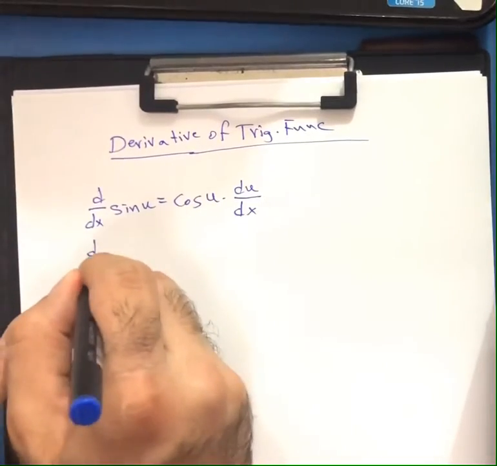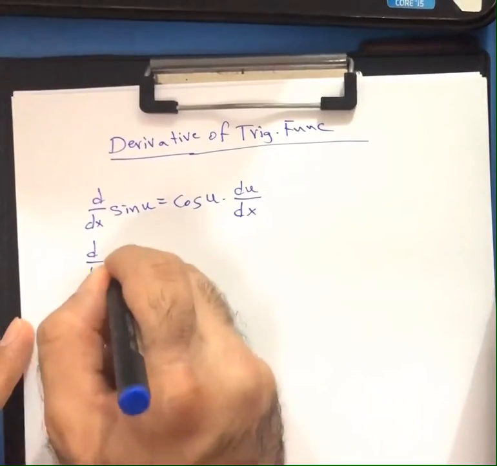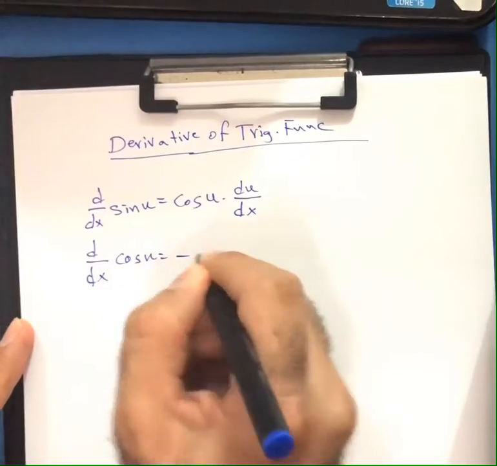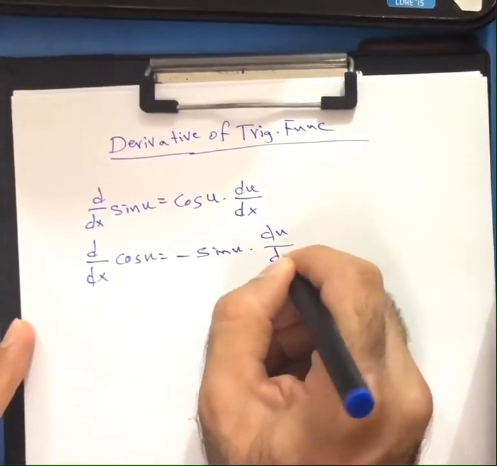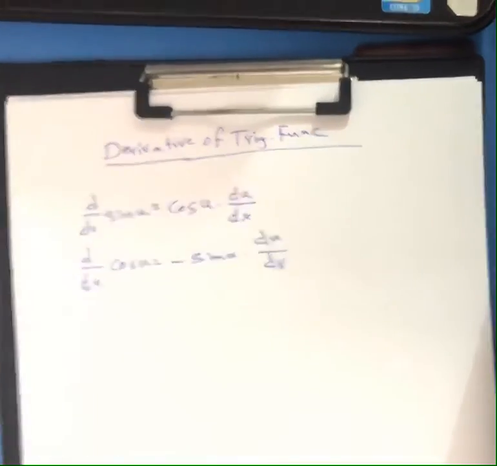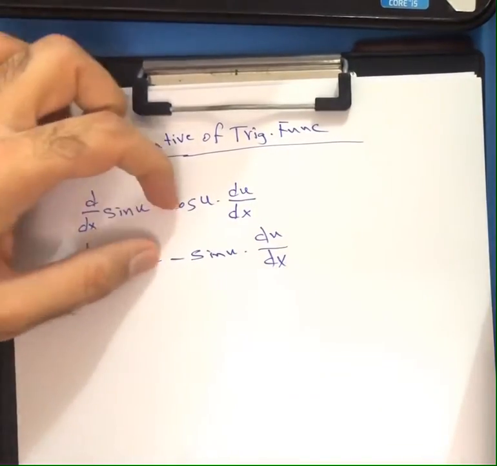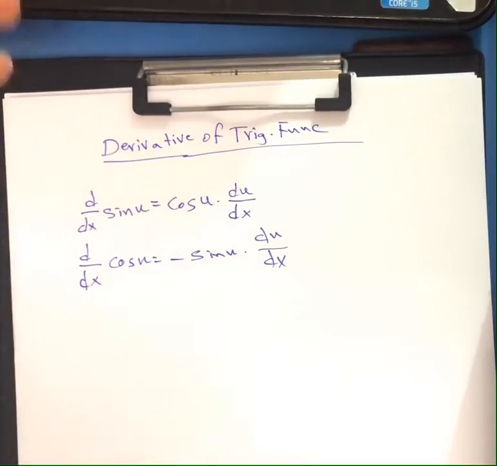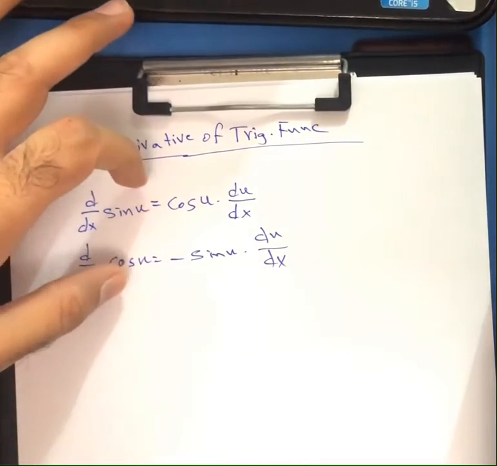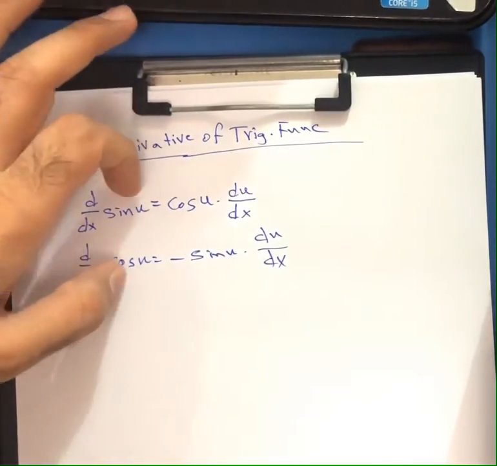Also, d by dx for cosine u will be minus sine u du by dx. We need only these two formulas to develop the derivatives of the tan and cotan trigonometric functions. Also, to develop a relation for sec and cosec, we only need to save these two rules.